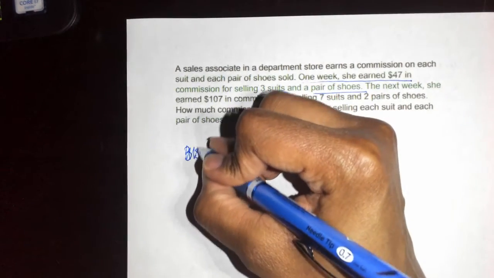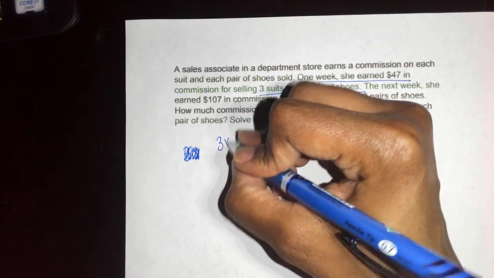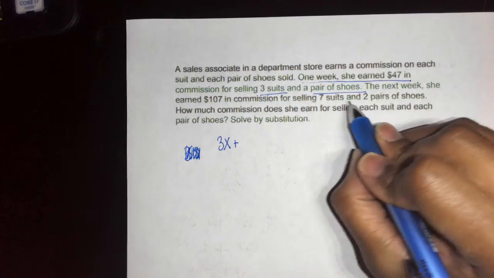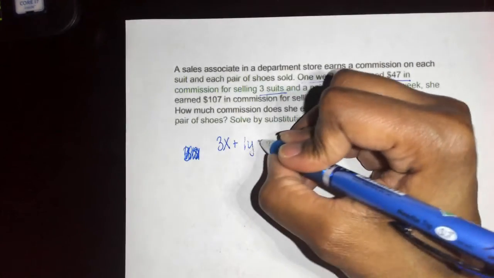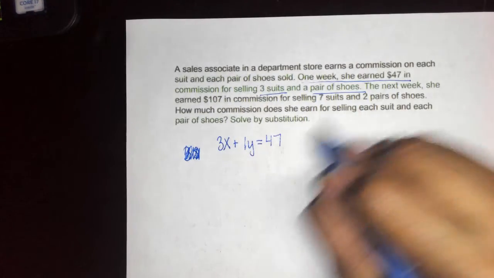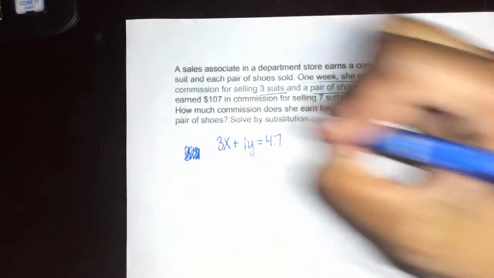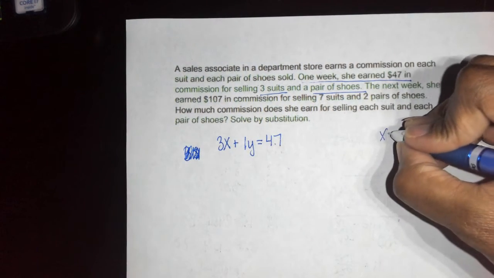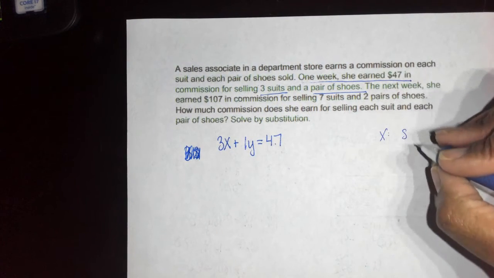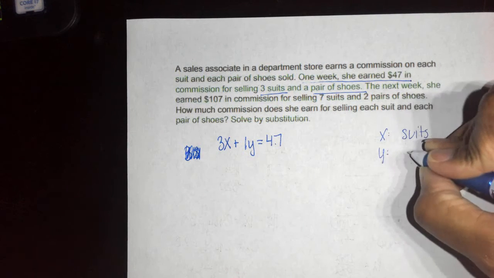Nope, I'm going to use x because both suits and shoes start with S. That's not going to help us. So let's go with 3x plus 1 pair of shoes, so 1y, equal to $47. So that means x is our suits and y is our shoes.